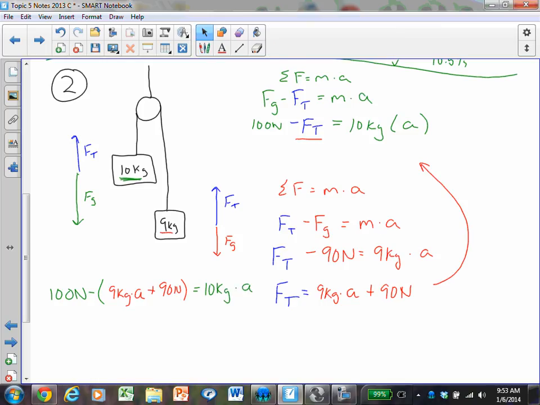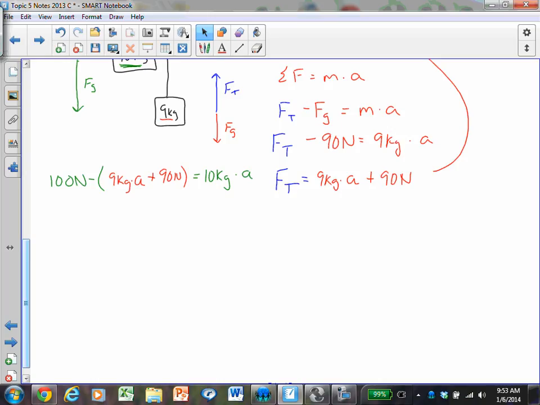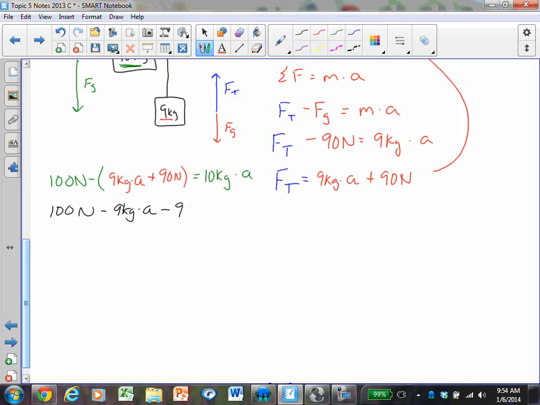Now we have one unknown, which is A, so we'll be able to go. See what I almost did? 100 minus 90 is 10. Add the 9 over.